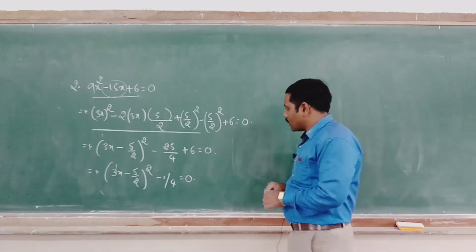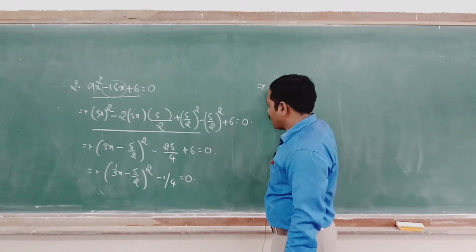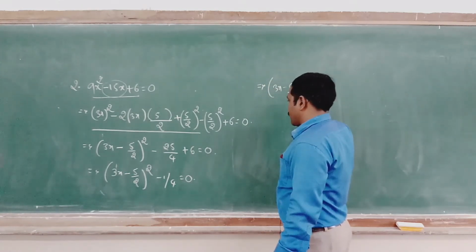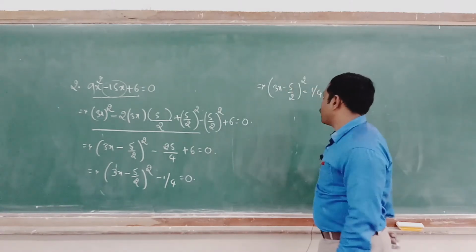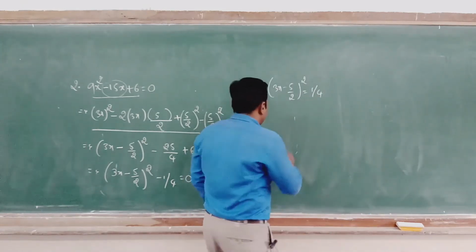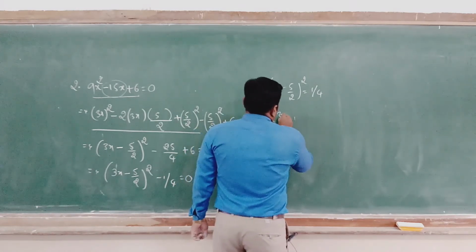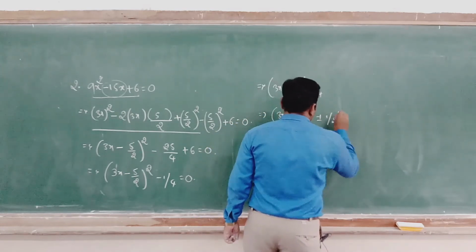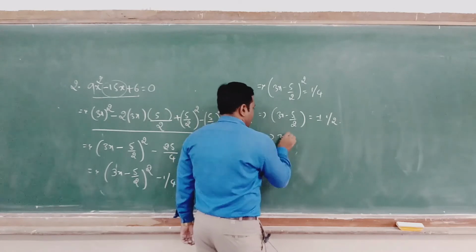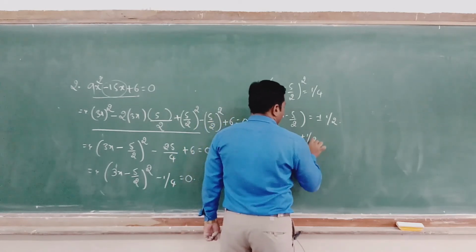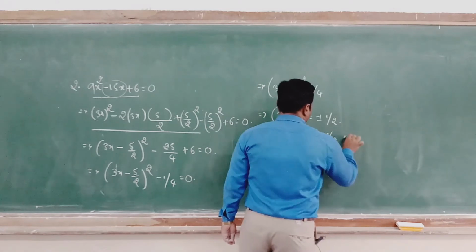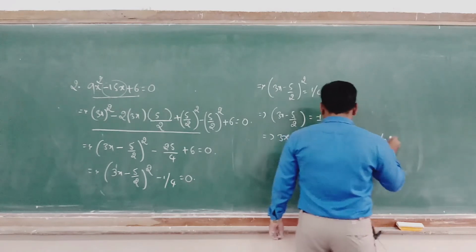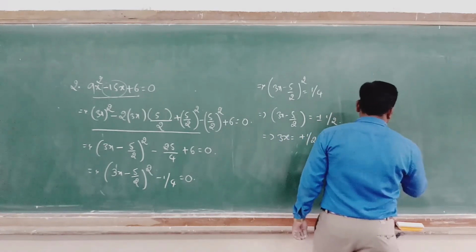Now I will write here: 3x minus 5/2 whole square is equal to 1/4. Next, 3x minus 5/2 is equal to plus or minus 1/2. That implies 3x is equal to plus 1/2 plus 5/2, or 3x is equal to minus 1/2 plus 5/2.